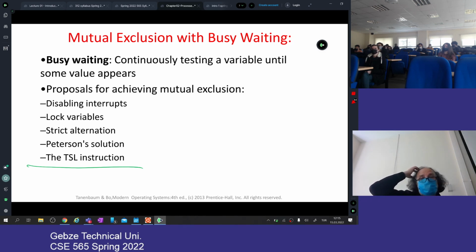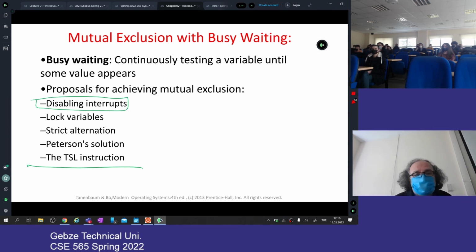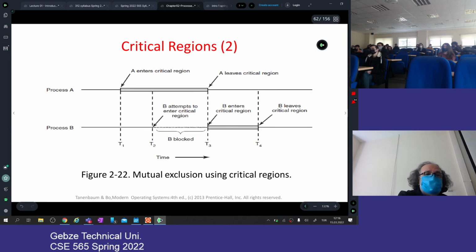But for now, I am going to stop. Well, let's look at this one: how I can achieve critical regions by disabling interrupts. There is a special instruction for the CPUs that disables all the interrupts. When process A enters this critical region, it disables all the interrupts of the system.